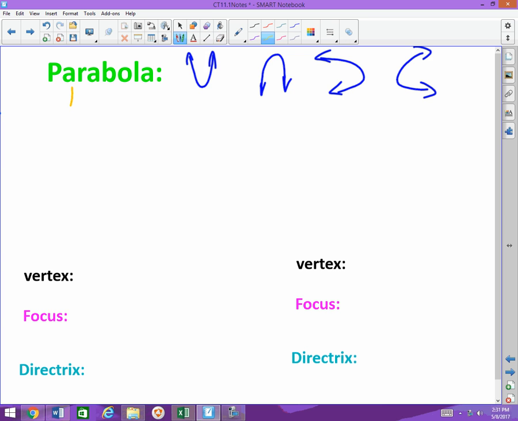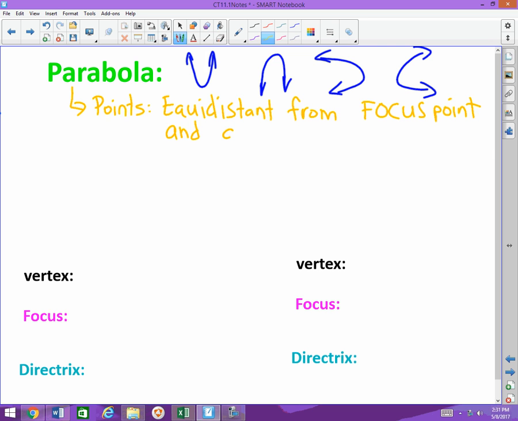And a parabola, by definition in the conic section, are points equidistant from a focus point and a directrix, which is a line.